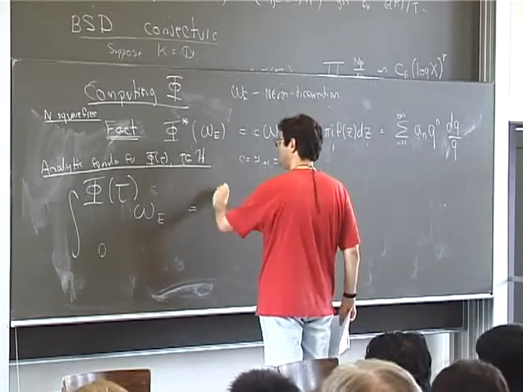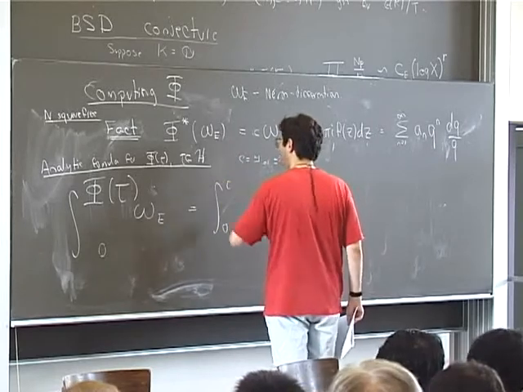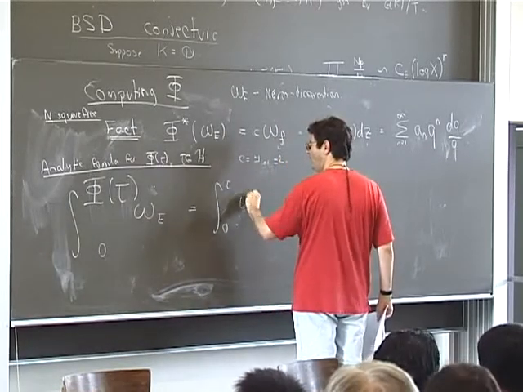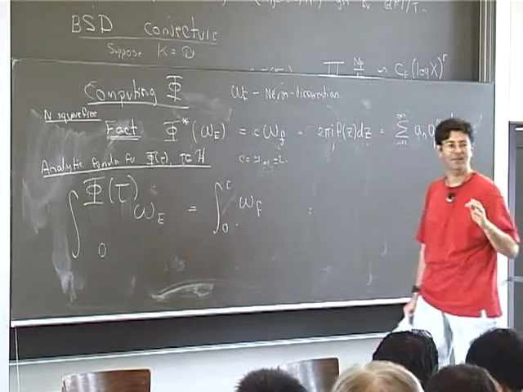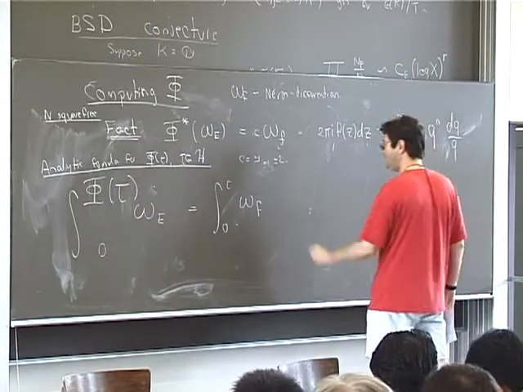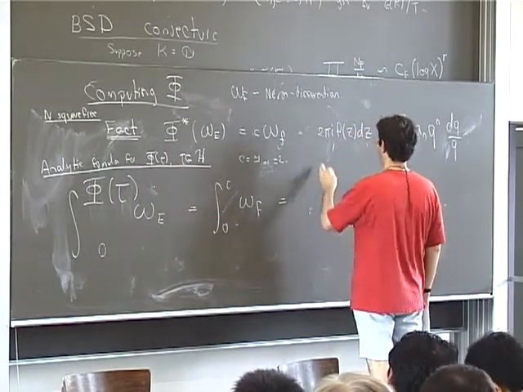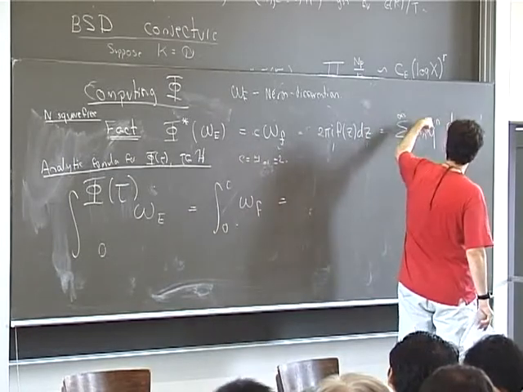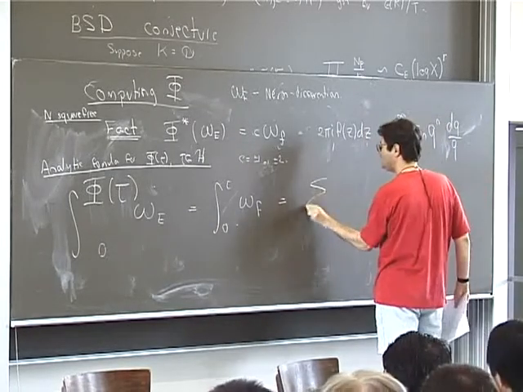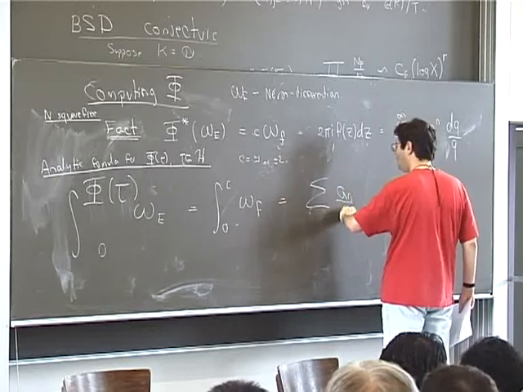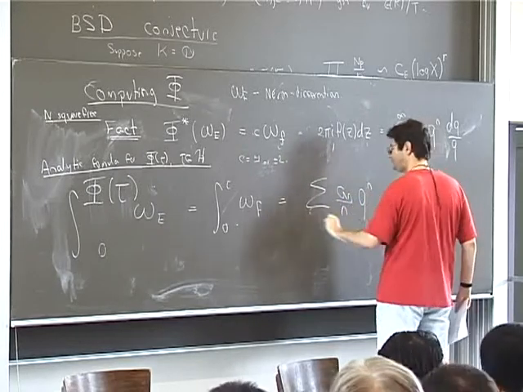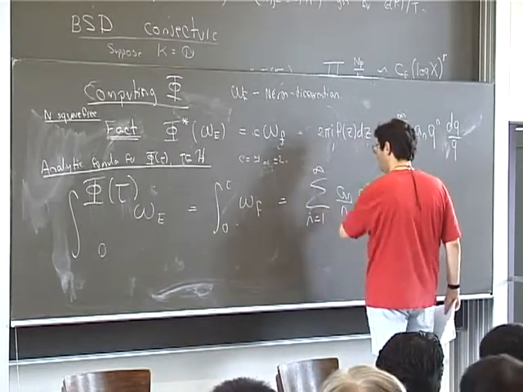And this is just the integral from 0 to tau of the form omega f, if you grant me this Manin constant business. And then you just compute the integral, since we know the a_n, so this is just the sum of a_n over n, q to the n, n equals 1 to infinity.